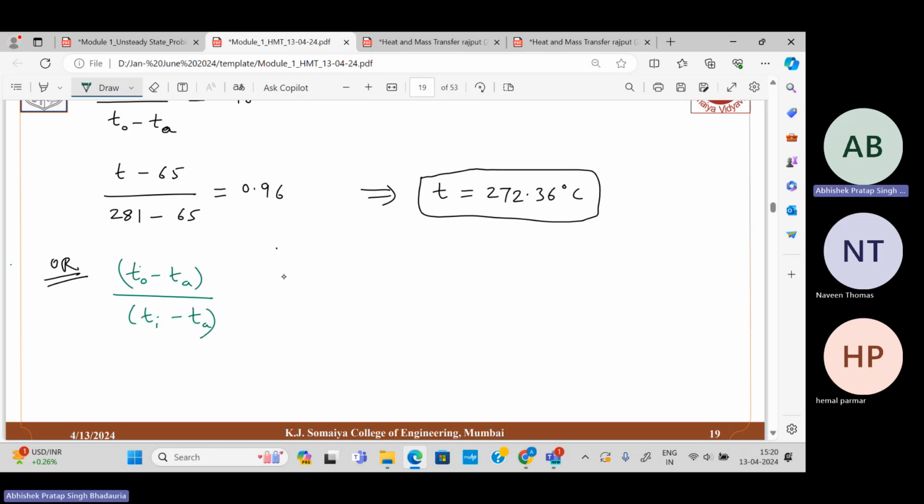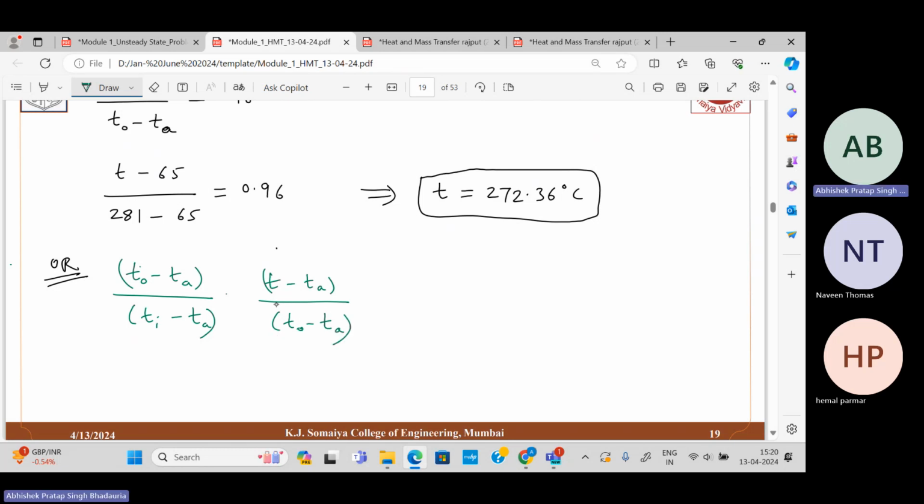And then we will find the correction factor for the plate from the correction factor chart of the plate. So we will get the correction factor for the plate as (T minus Ta) divided by (T naught minus Ta).